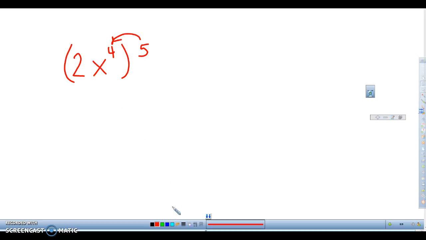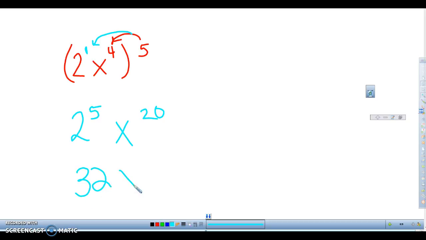Or is there another exponent that I'm not seeing here? There is. This 2 is really like 2 to the 1st, which is just 2. So I also have to distribute that 5 over there. So I'm going to have 2 to the 5th, x to the 20th. I do need to go ahead and simplify that. 2 to the 5th is 32, x to the 20th.